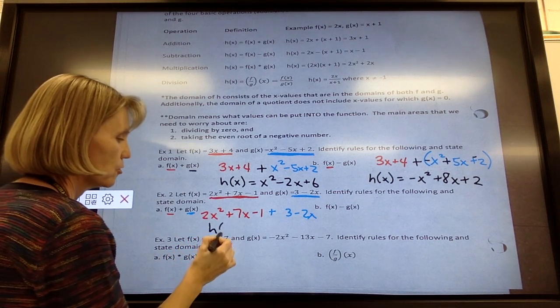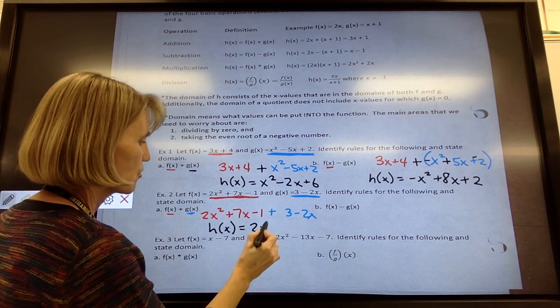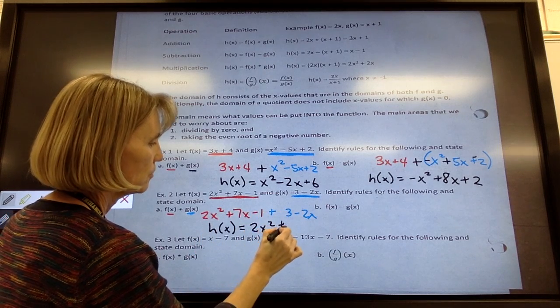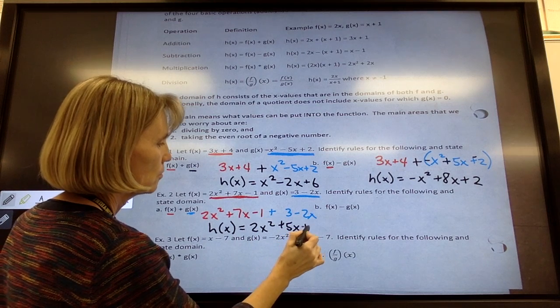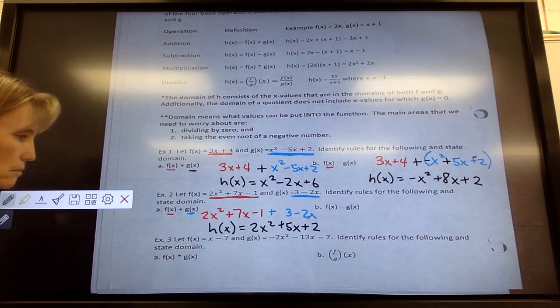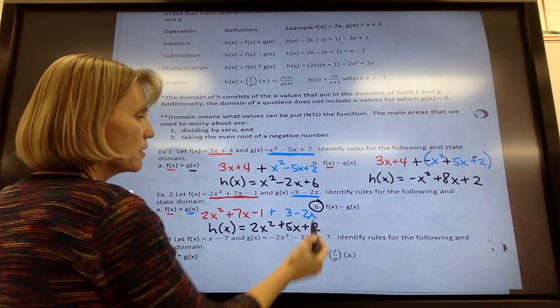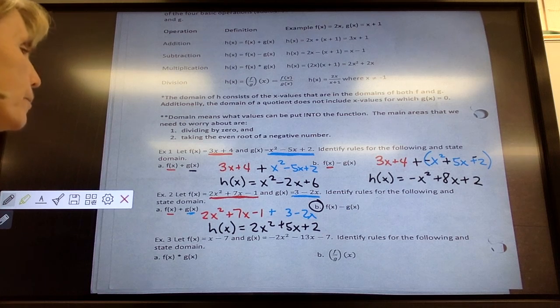So my new function, or h of x, is equal to, I've got a 2x squared. I have a 7x minus a 2x. That would be 5x. And negative 1 plus 3 would be a positive 2. Okay, and try example B here. Go ahead and pause your video and try example B and see what you get.